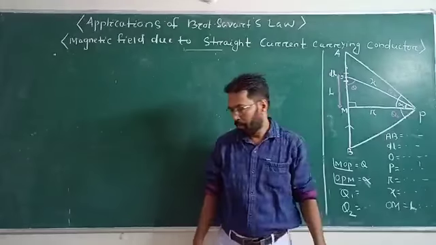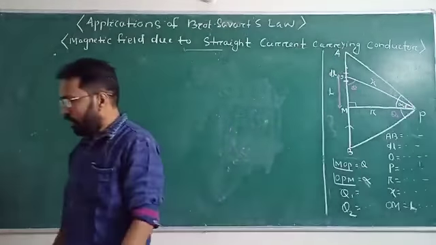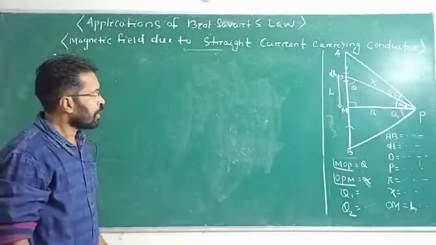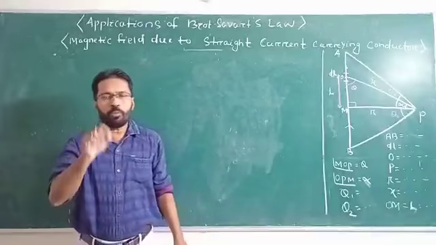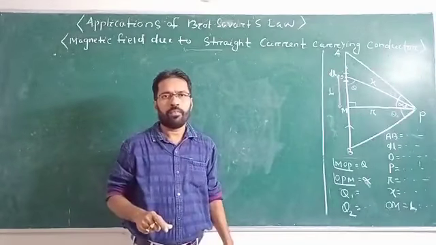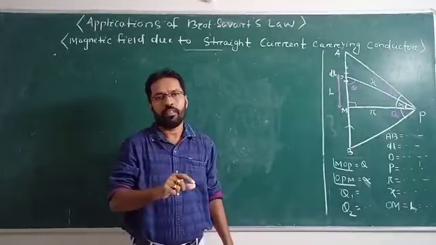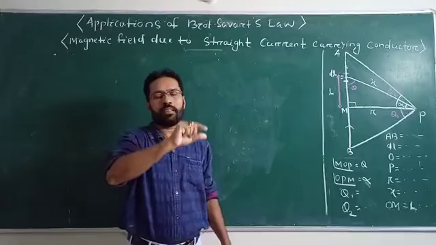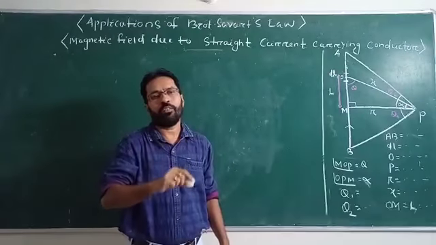Okay, students. This is all about the figures. You know, according to Biot-Savart's law, how do you find the magnetic field at point P? Biot-Savart's law tells us to find the magnetic field due to a small section of the current carrying conductor.